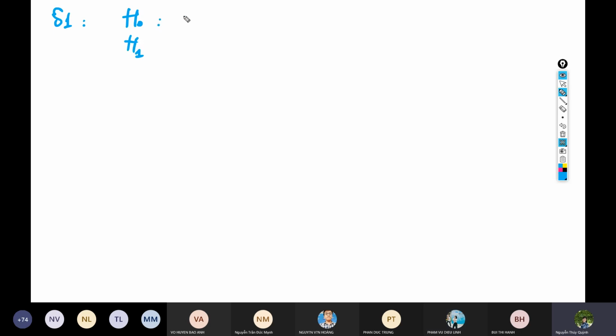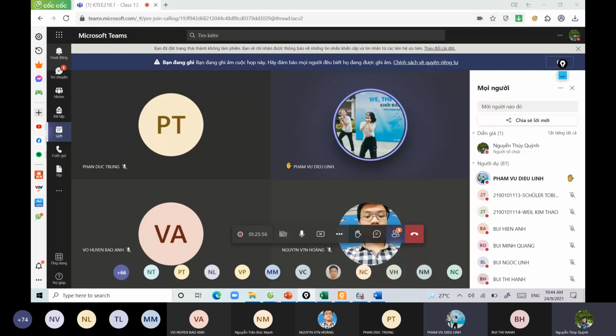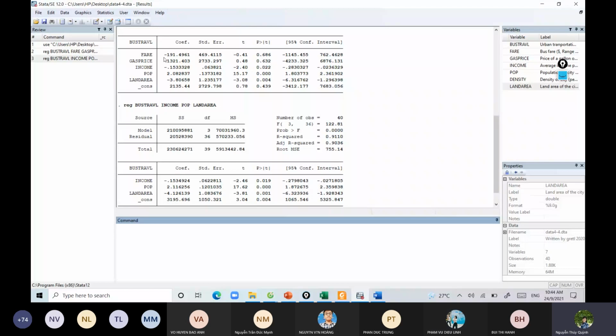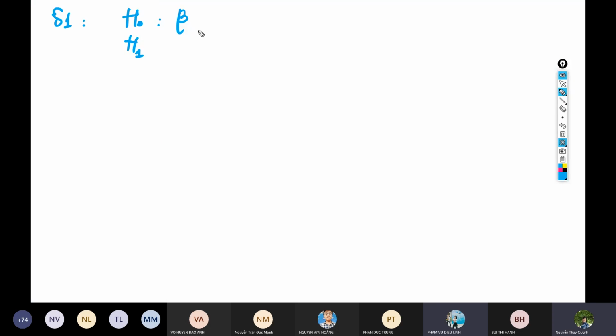The H0 is beta 1 equals beta 2 equals 0, calling the coefficients of fare and gas price beta 1 and beta 2 for short. For the alternative hypothesis, beta 1 squared plus beta 2 squared is greater than 0.